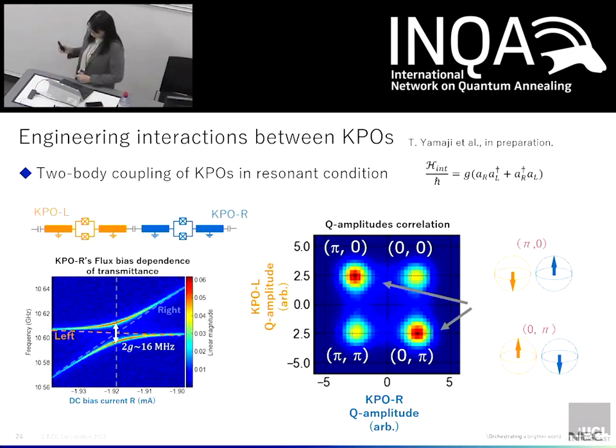The four peaks correspond to the four possible oscillating states of the KPOs. Obviously, the pi-0 and 0-pi states have higher probability than the 0-0 and pi-pi states. This means that there is an anti-ferromagnetic correlation between the KPOs.